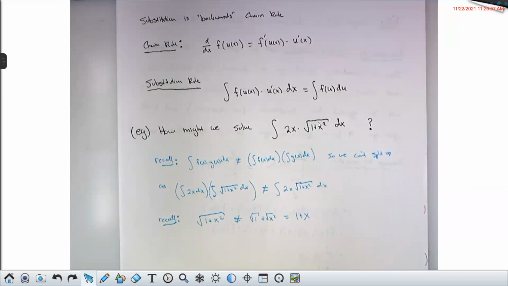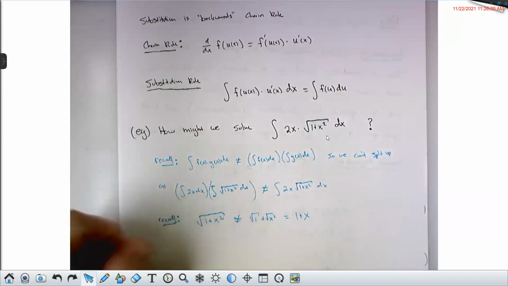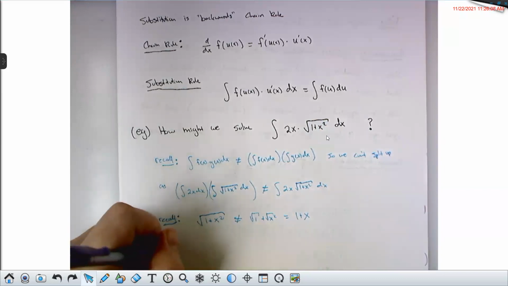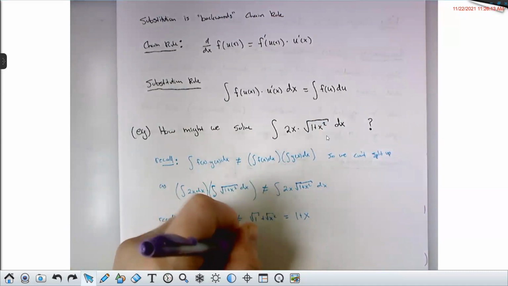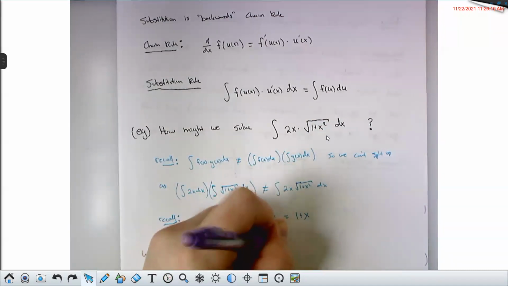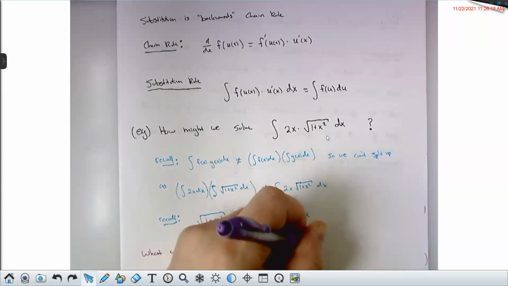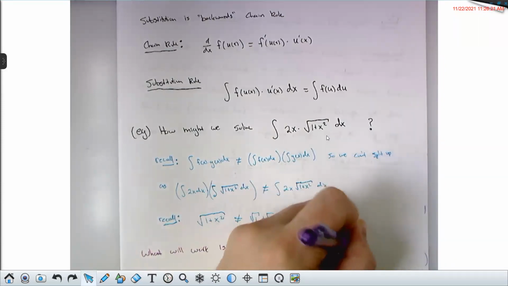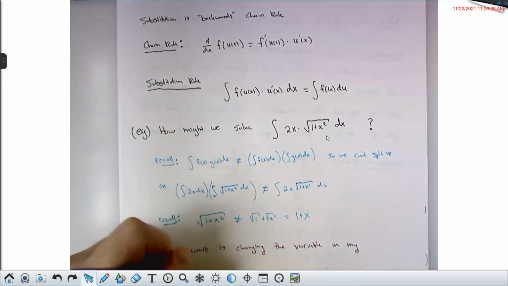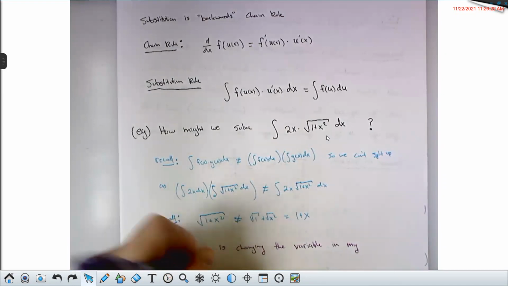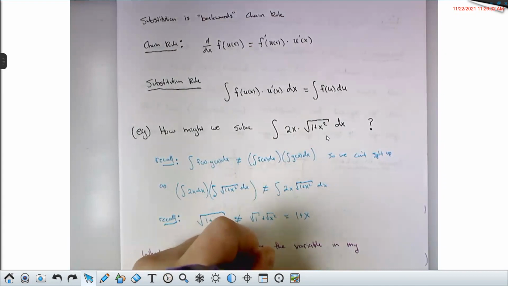What I can do is relabel the stuff underneath here as a new variable. What will work is changing the variables in my integral from x to u equals 1 plus x squared.